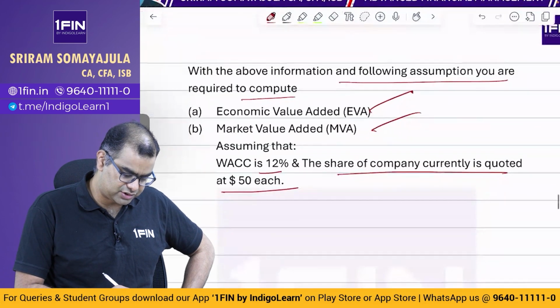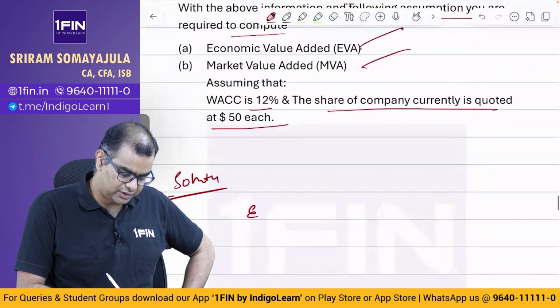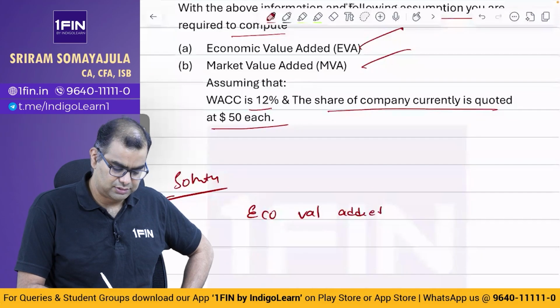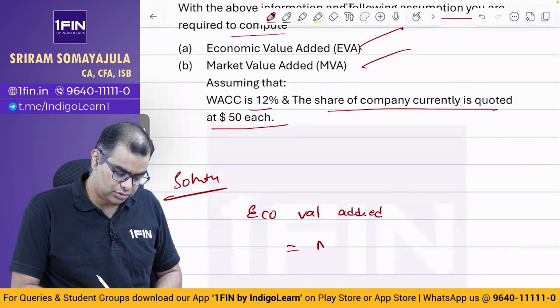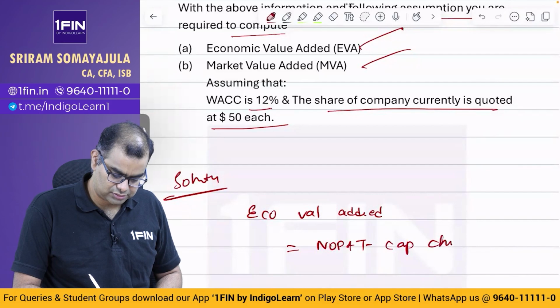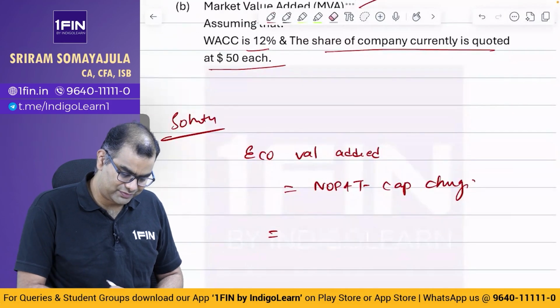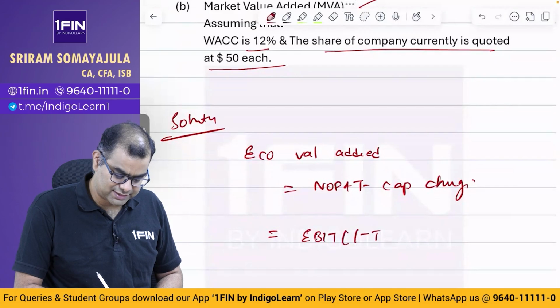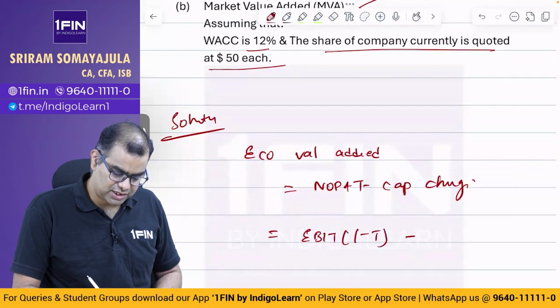Now, what is EVA first of all? This is a very easy question. Economic value added is equal to NOPAT minus capital charge. NOPAT is equal to EBIT into (1 minus tax rate), and capital charge is WACC into capital employed.